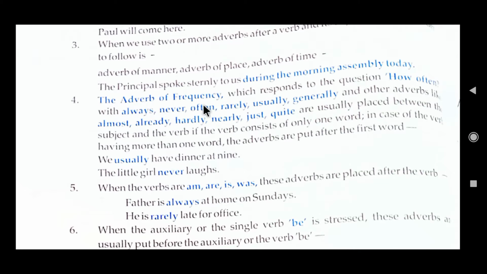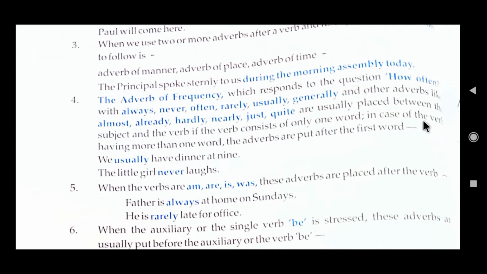The adverb of frequency responds to the question how often. So an adverb of frequency is one that gives the answer to the question how often that action takes place, how many times that thing is going to happen. Always, never, often, really, usually, generally and other adverbs like almost, already, hardly, nearly, just, quite are usually placed between the subject and the verb, if the verb consists of only one word.